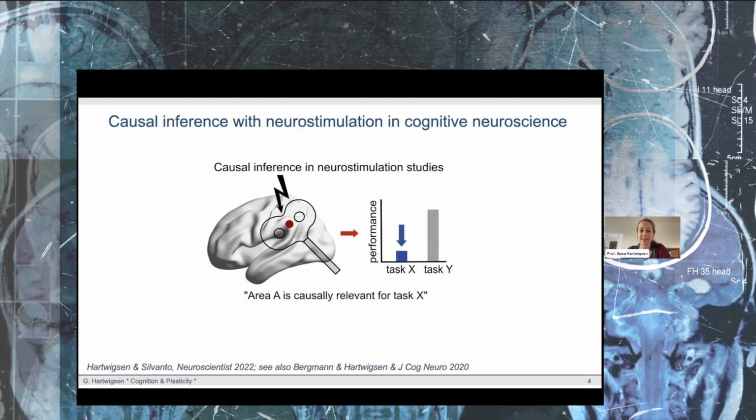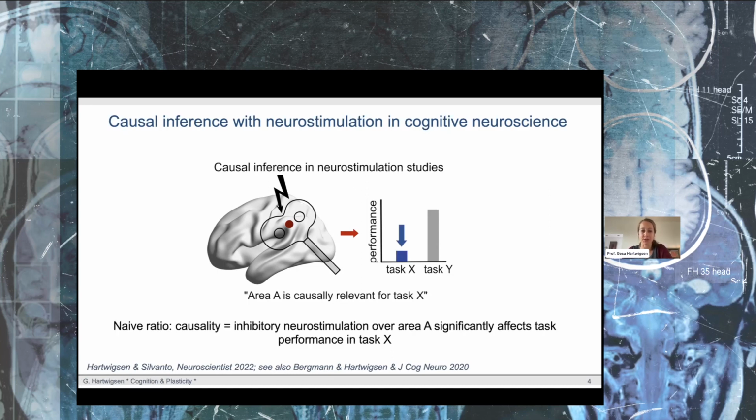So the idea is that if I apply my brain stimulation protocol over this area of interest, and I see a change in task performance, a decrease in the task accuracy or an increase in the response latency, this proves that this area is causally relevant for this task. And hopefully I would show that this is specific for my language task, but not just any response to the neurostimulation.